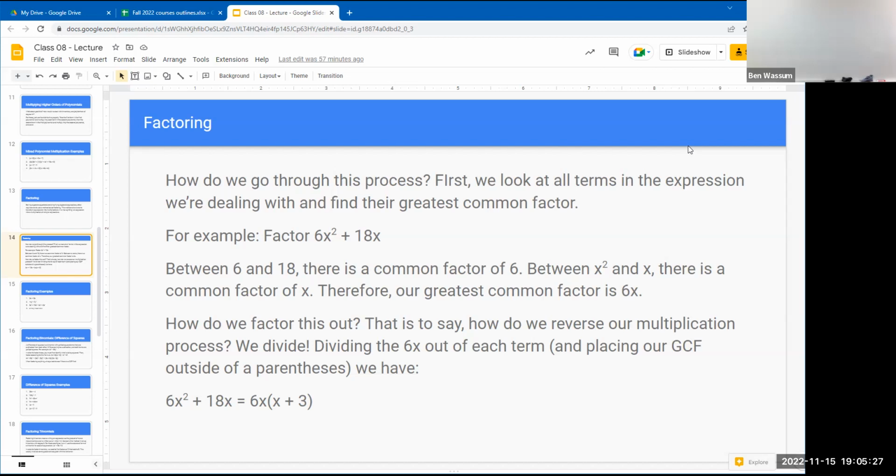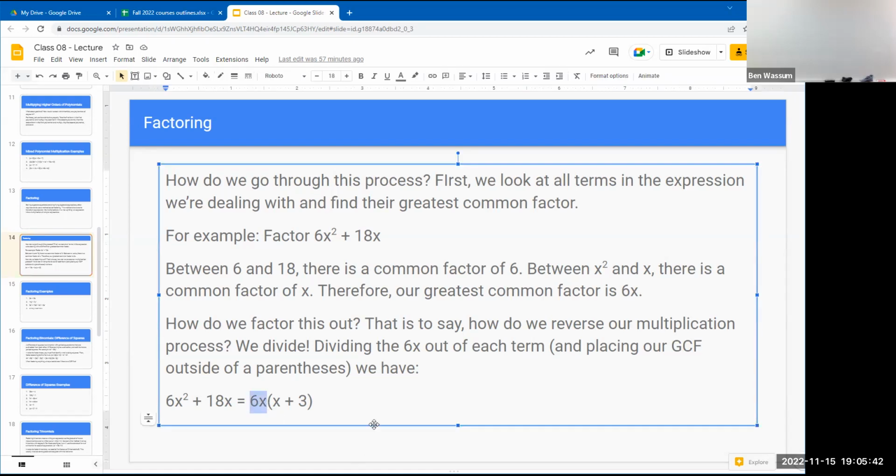So you're kind of undoing multiplication. So you're kind of dividing it out. So you would write the 6x and then start a parentheses, and for the parentheses, you would say what you'd have left if you took that 6x out of each term.